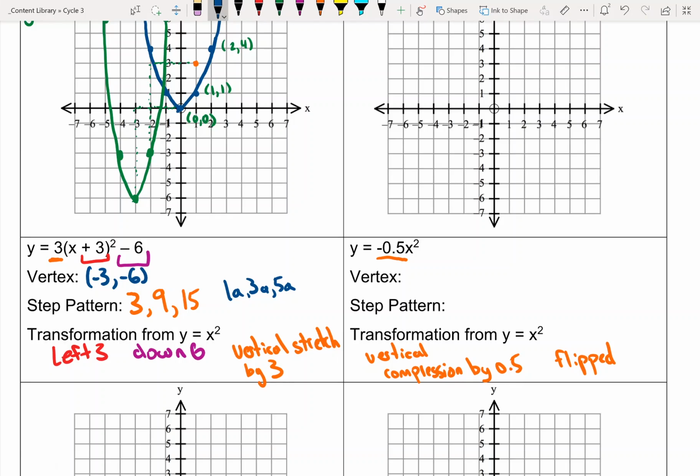Our step pattern, again going from 1a, 3a, 5a, actually gives us 1 times negative 0.5 is negative 0.5, 3 times negative 0.5 is negative 1.5, and negative 2.5.